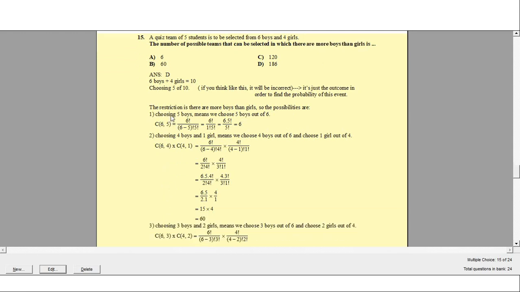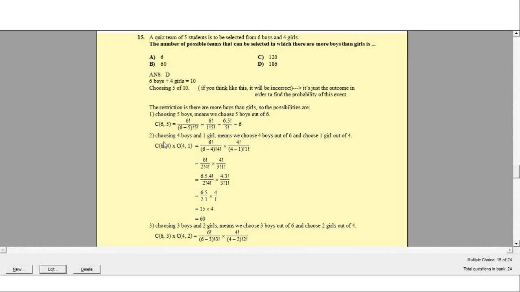Number 1, you can choose 5 boys, so all 5 students are boys. It means we choose 5 boys out of 6 because the number of boys is 6, right? So it's combination of 5 from 6. Using the formula of combination, we'll get 6. Okay, this is the first possibility.